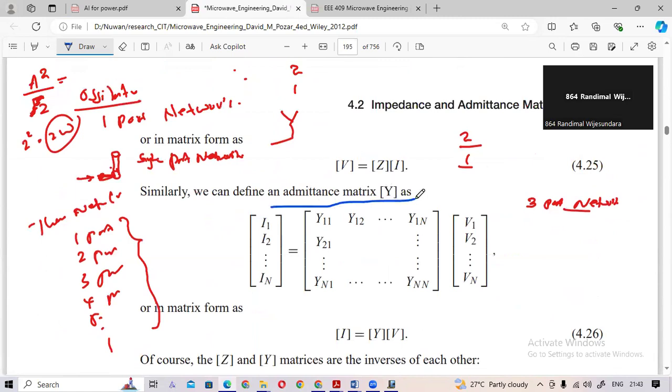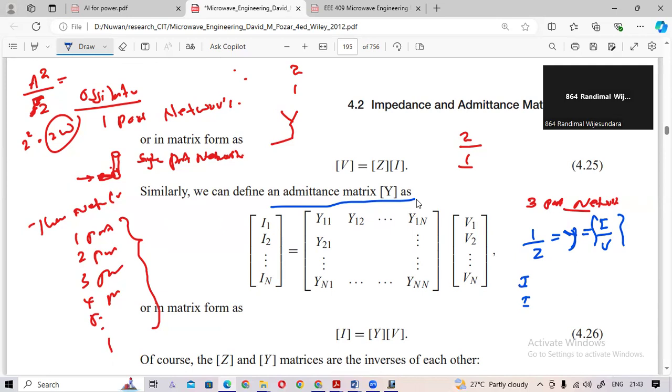So you know that admittance means 1 over Z. So admittance will be I divided by V. When you are finding the admittance, your first matrix should be current I, then you have the admittance matrix, then you will have the voltage matrix.